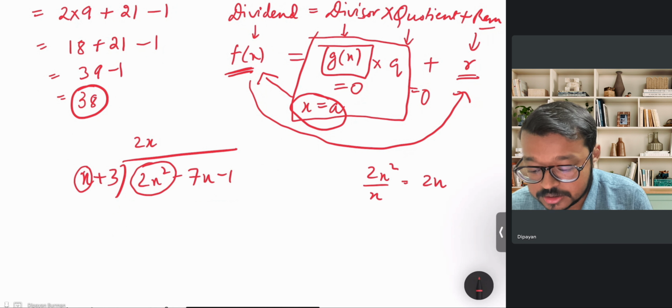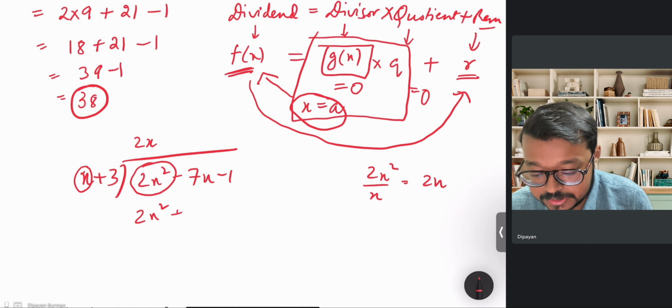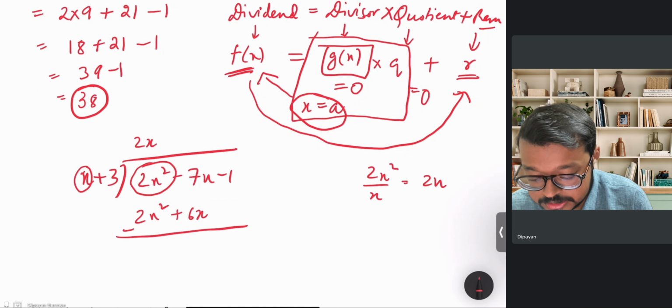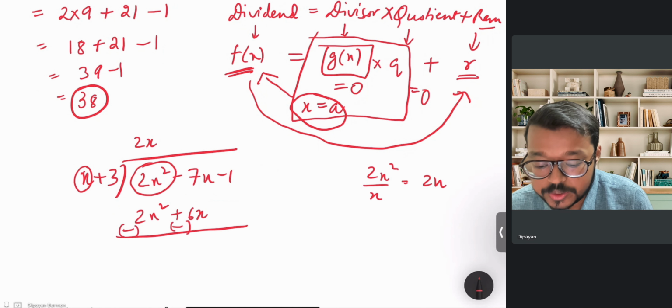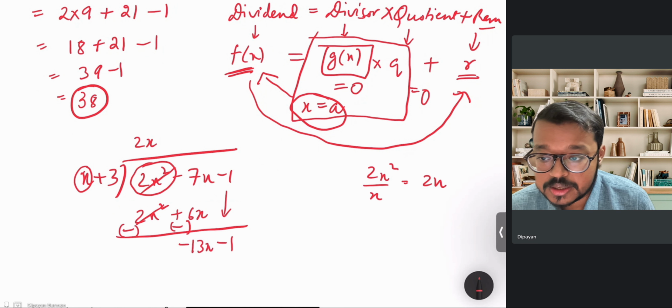So 2x into x is 2x square, and 2x into 3 is plus 6x, and then I subtract this. So 2x square minus 2x square is 0. It's cancelled. And minus 7x minus 6x is minus 13x. Then I'll bring the constant minus 1 down.